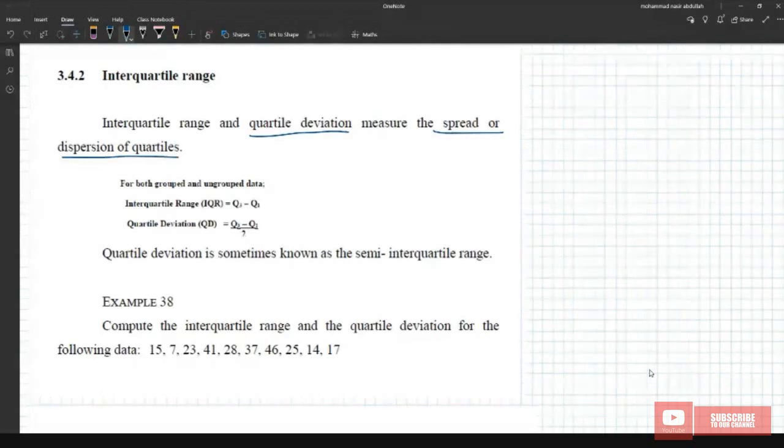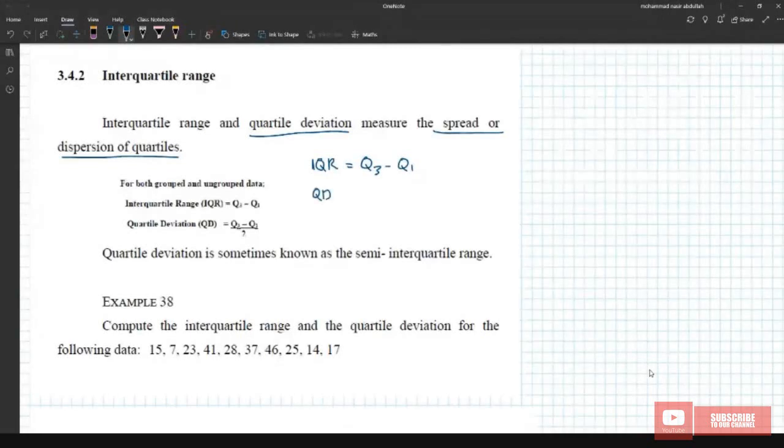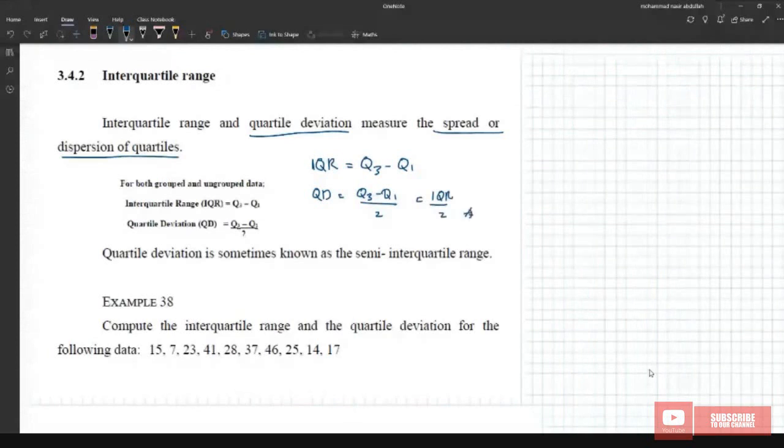The formula for interquartile range, the short form is IQR, is quartile number 3 minus quartile number 1. While quartile deviation, QD, is quartile number 3 minus quartile number 1 divided by 2, or IQR divided by 2. Quartile deviation is also known as semi-quartile range.